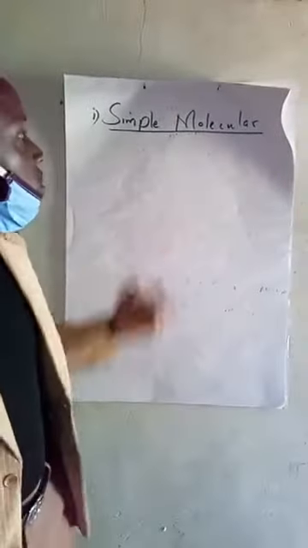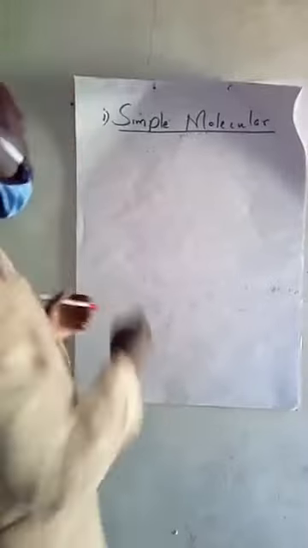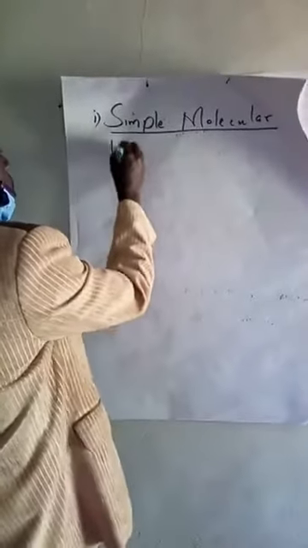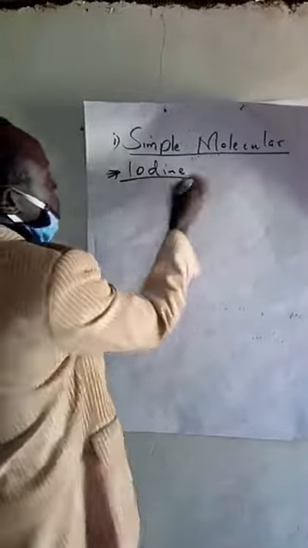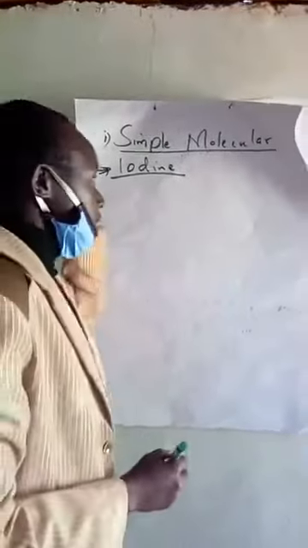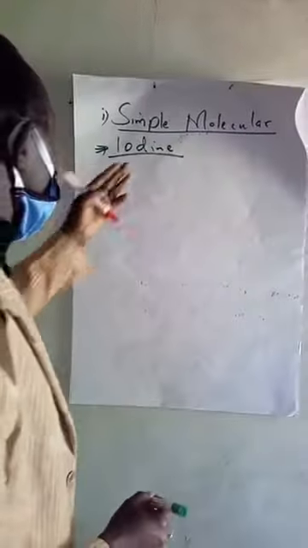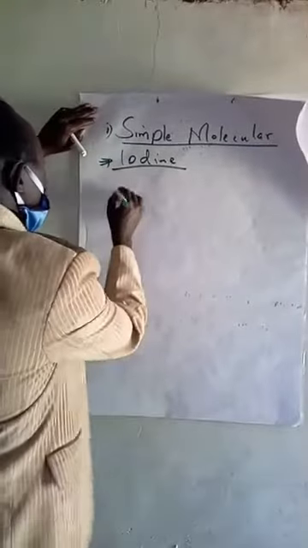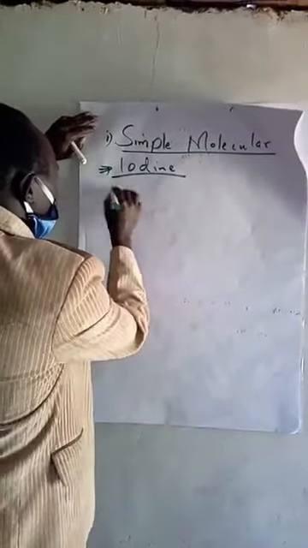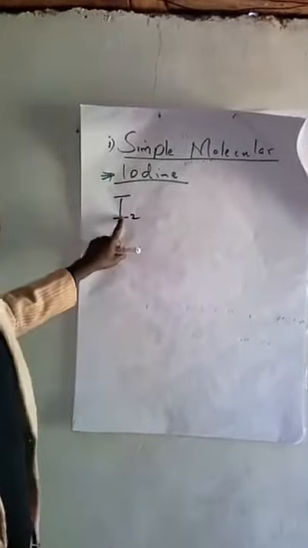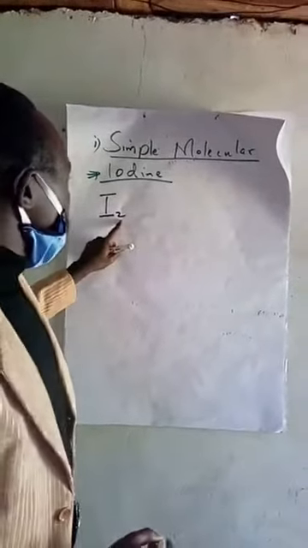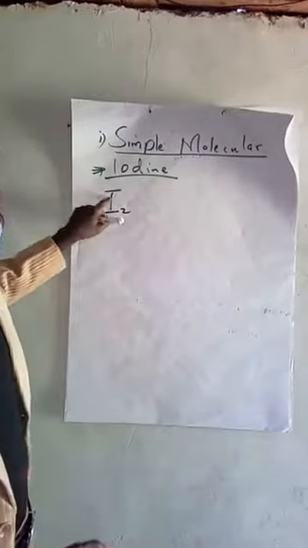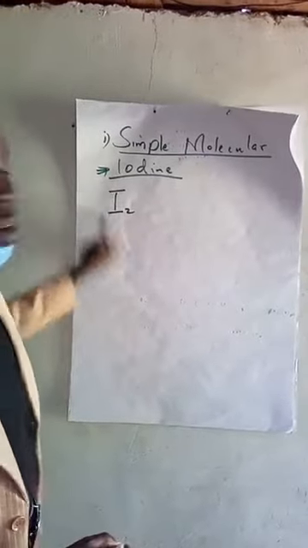I want us to use an example of iodine. Now, if you look at iodine, the gas is written like this. We said when it is written like this, then it means 2 atoms of iodine in one molecule.